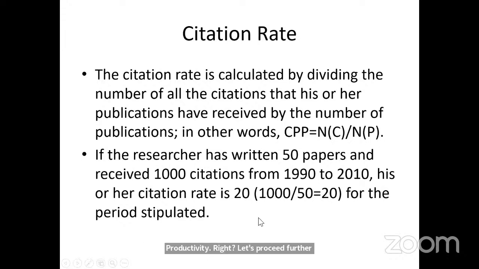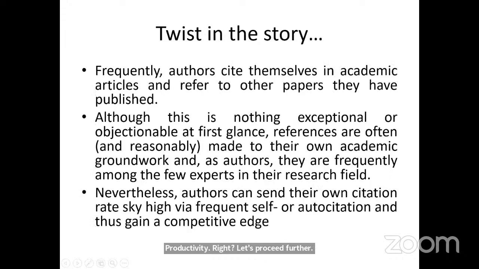Now, frequently, authors cite themselves. Many academicians understood that the citation is the whole ball game, and therefore it is necessary that we should increase the citation, and therefore they started doing self-citation. Self-citation business was started.